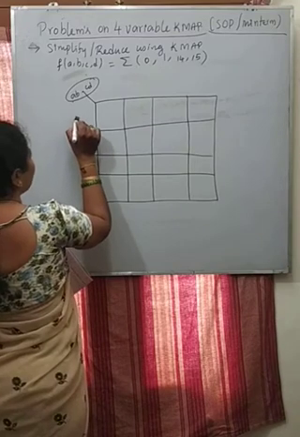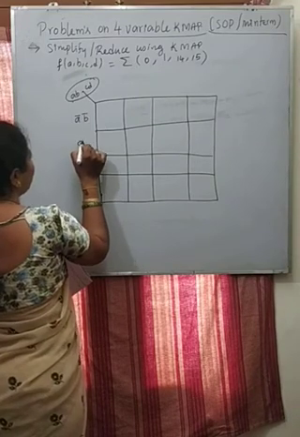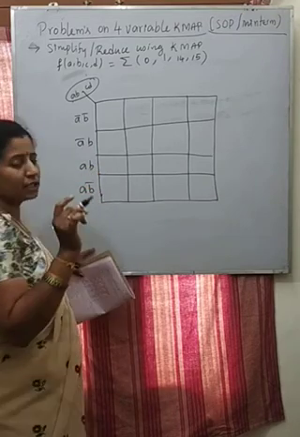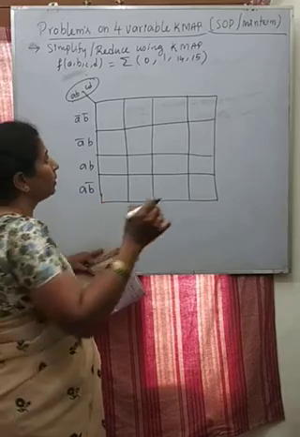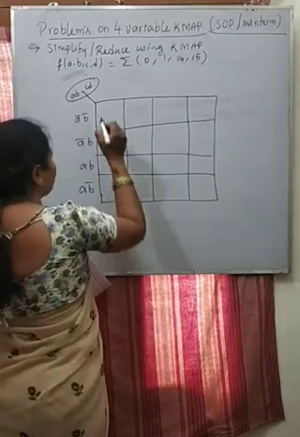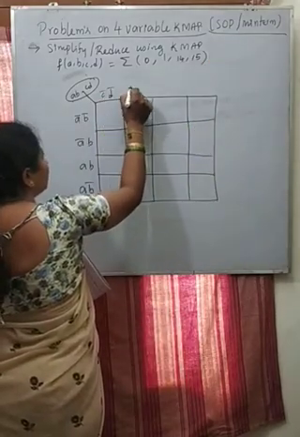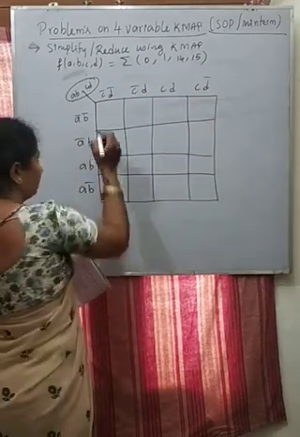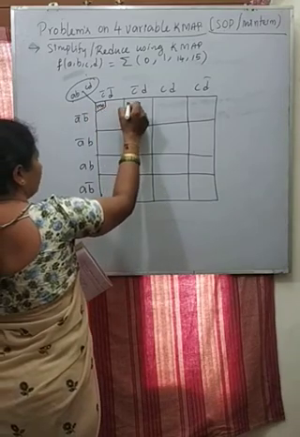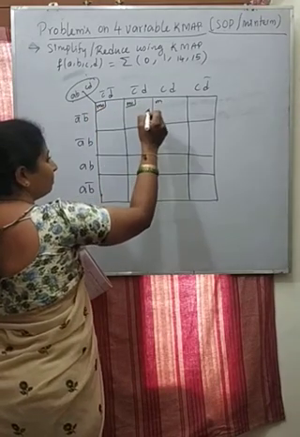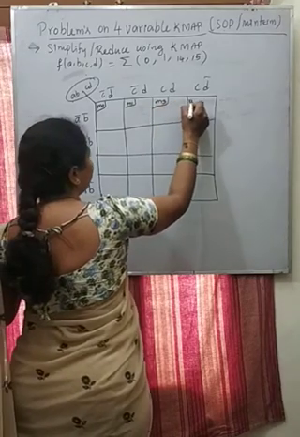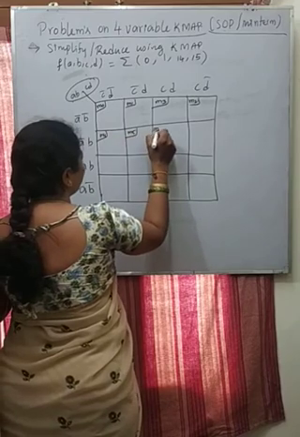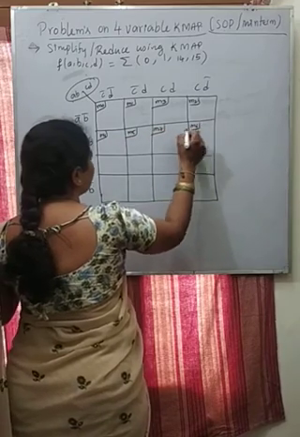You know that these are A complement B complement, A complement B, A B, A B complement. Each term is a product term because it is SOP. C complement D complement, C complement D, C D, C D complement. And this is M0, M1, M3, M2, M4, M5, M7, M6.